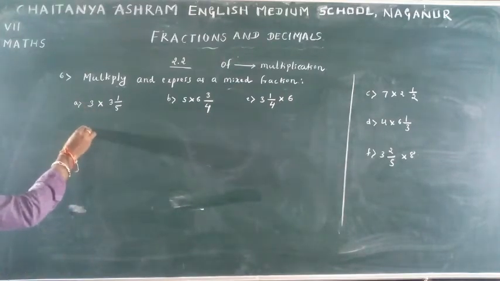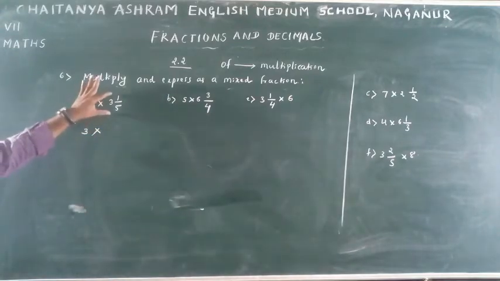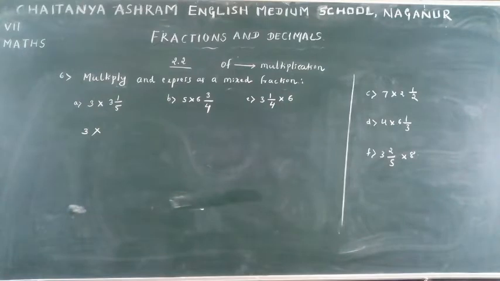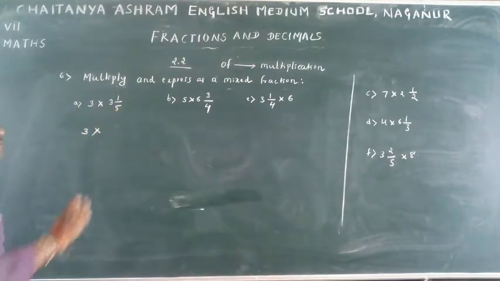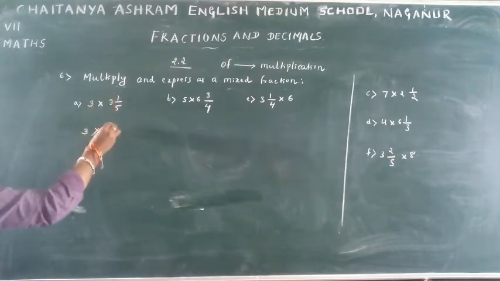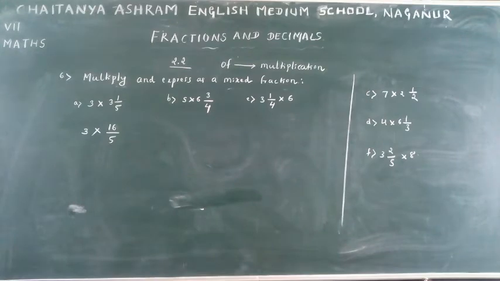First write this whole number as it is, 3 into, convert it into an improper fraction. That is 3 fives are 15, 15 plus 1 is 16, divided by 5. Then multiply.